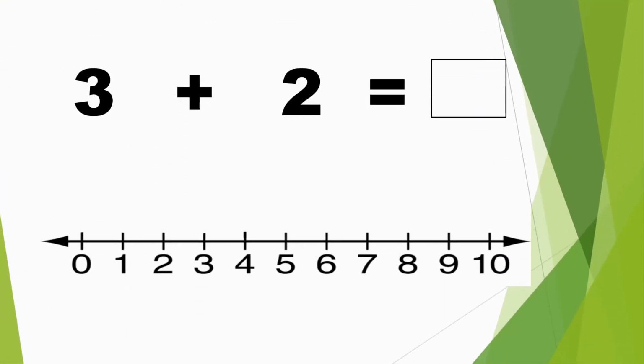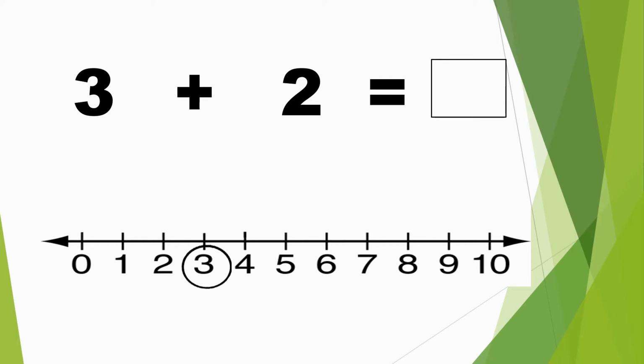So I have 3. I will find where 3 is on the number line. So 3 is placed here. Now I need to put together 2 and 3, so I need to add 2 and 3. So I need to hop or jump 2 places from 3. What do we mean by hopping or jumping 2 places?